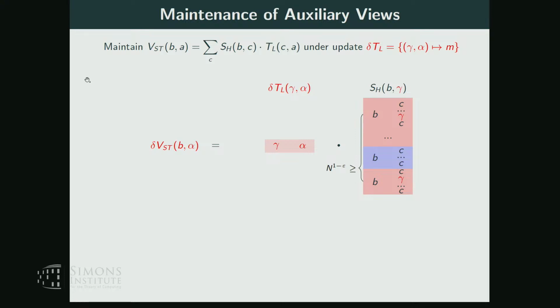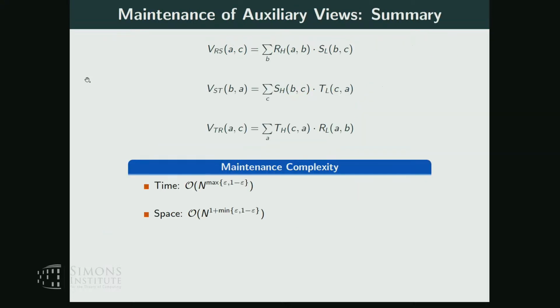So again, we can maintain this view in a good time, in n to 1 minus epsilon. And overall, the maintenance time for the views would be of this form. This is the maintenance complexity, and the space is given by this because we have to keep these views around, and these views cost us some extra space.